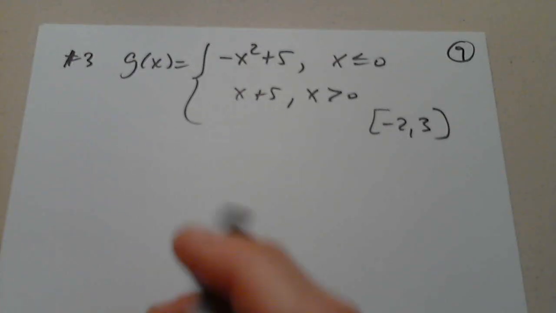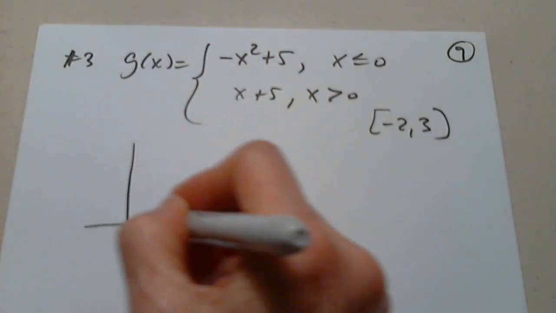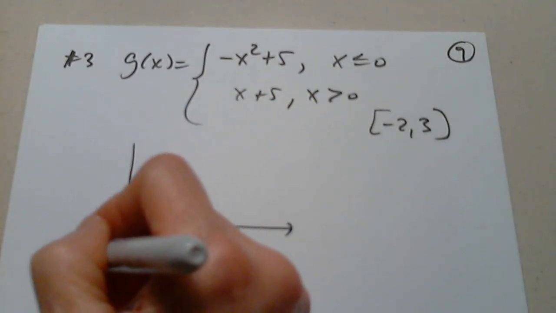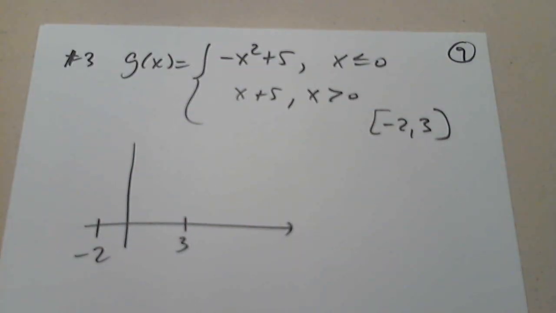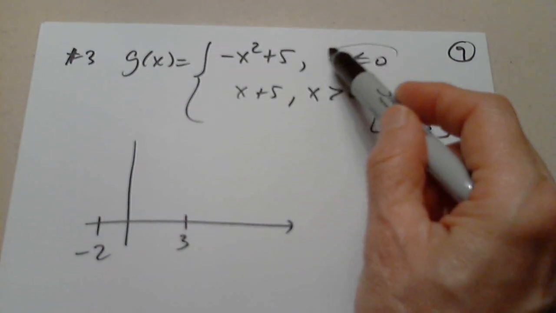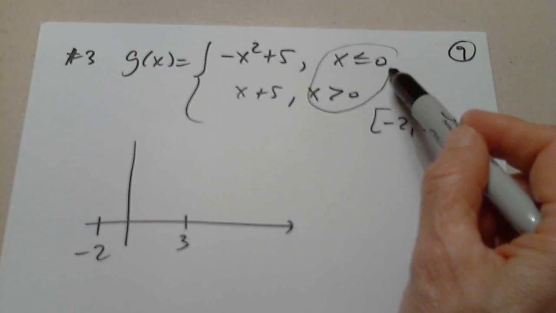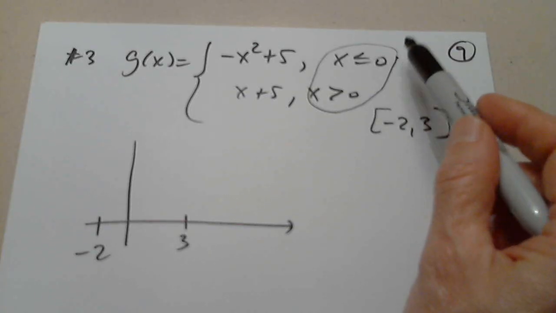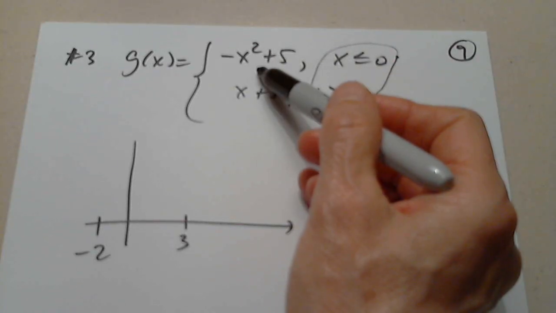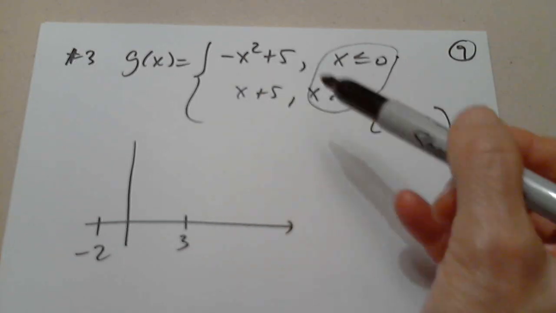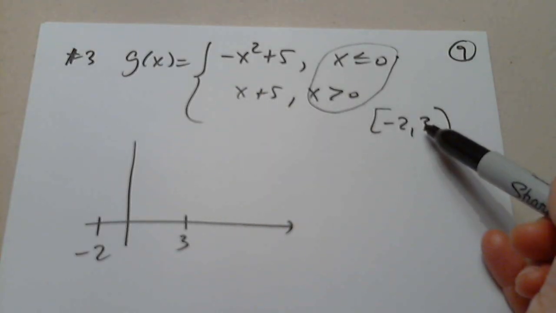Notice one thing, that whatever the graph looks like between negative 2 and 3, there is a break at 0. Meaning, on this side of 0, I have a function. On this side of 0, I have a different function.